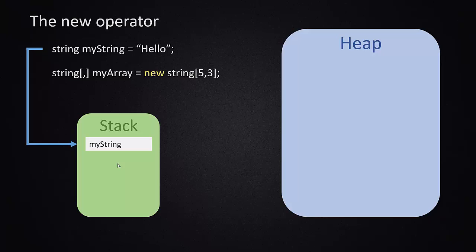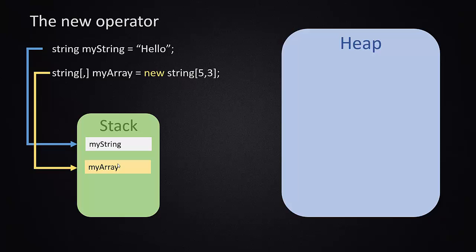The second statement, string myArray, would actually create an item on the stack called myArray. But that is not the entire storage location of this array of information, which could potentially be extremely large. This is actually just a small storage item on the stack, a variable called myArray that is going to be a location of where the real information is in the heap.